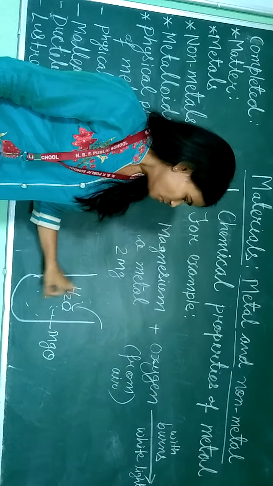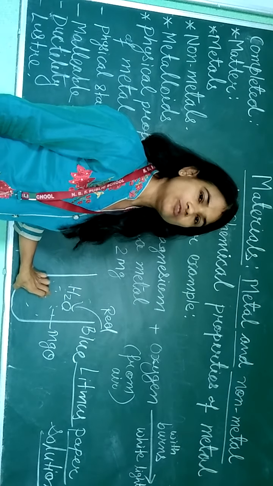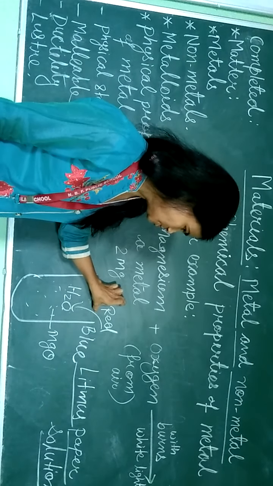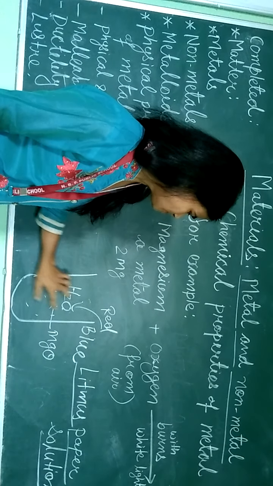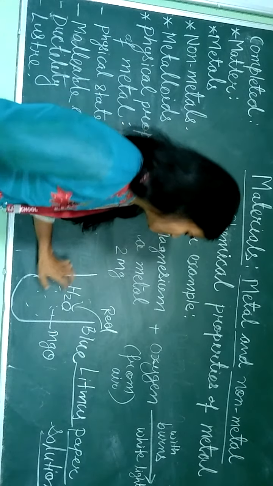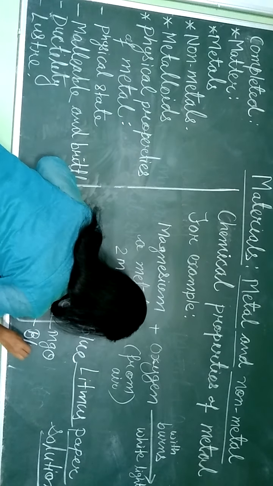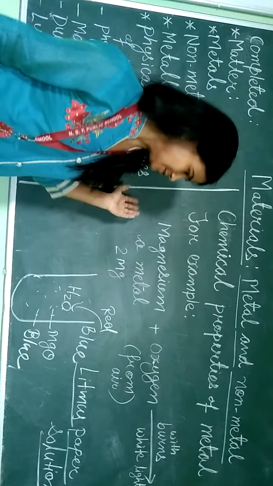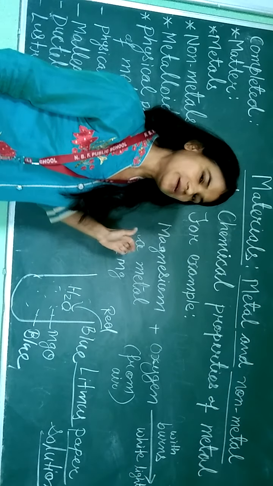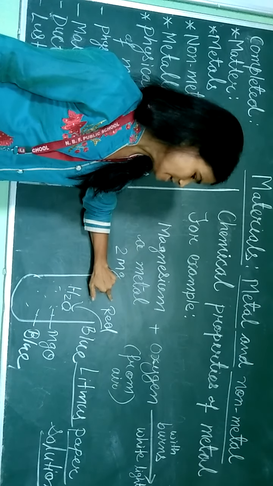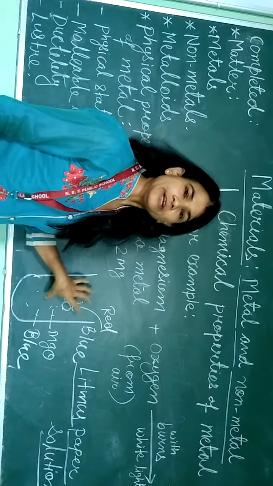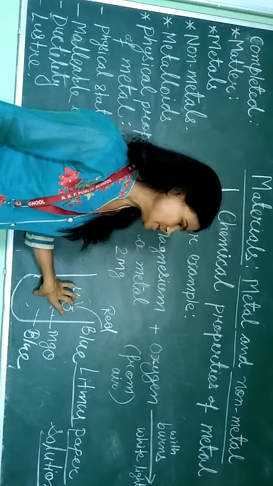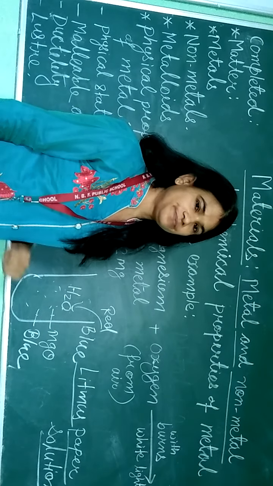When you put blue litmus solution, the color of this solution changes. It converts into blue color. This blue color identifies that metallic oxides are basic in nature.